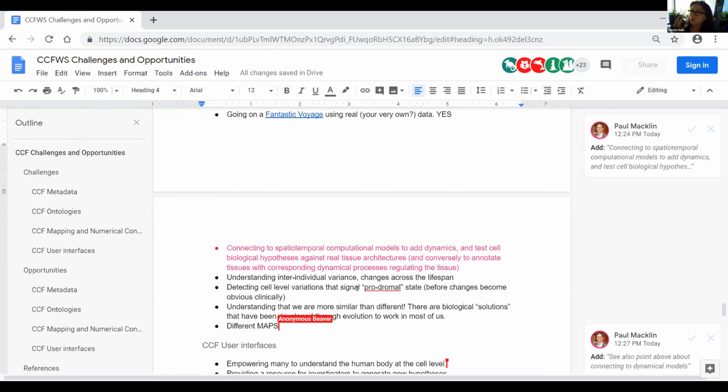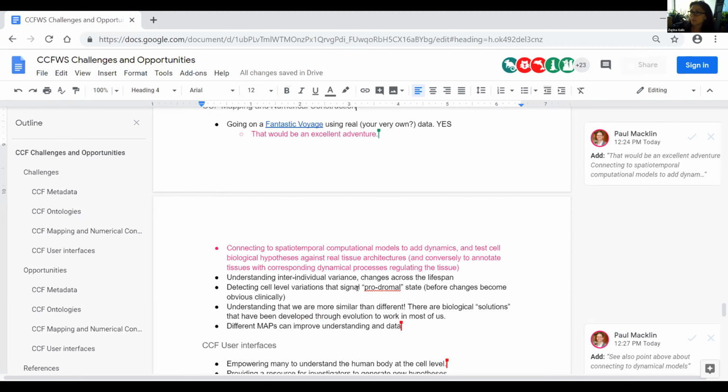I think we have to start from stuff that is really common, because all these are solutions that have been refined over thousands of years, millions of years, whatever. So we all work. We can talk, we can look at each other, we can think and things like that. So focusing on the commonality and then discovering the normal variation and the abnormal variations would be very interesting.